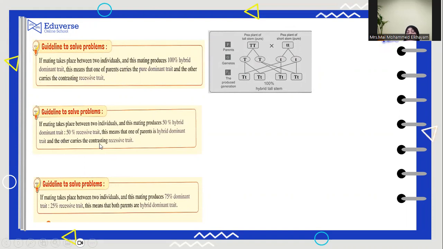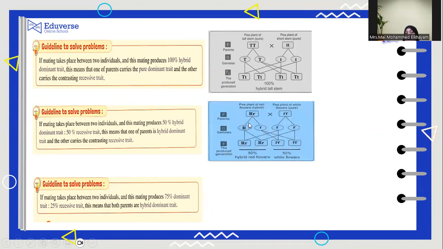Guidelines to solve problems, the second one: if mating takes place between two individuals and this mating produces 50% hybrid and 50% recessive, you have to guess that one of the parents is hybrid dominant and the other is recessive trait. Like a pea plant of red flower, it is hybrid, R capital, R small, with R small, R small. Please check that. The gametes here, one of them is R capital and the other is R small, and here I have R small, R small.